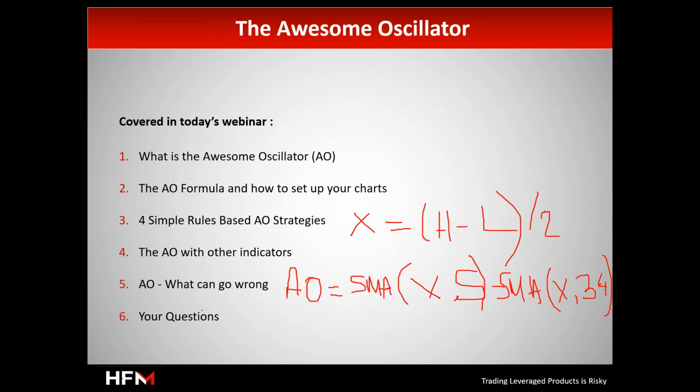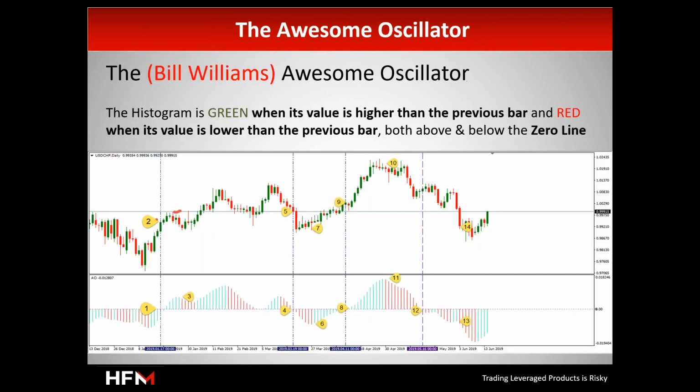You don't need to know that, okay? The Awesome Oscillator is calculated automatically, this is just to give you an idea. It presents the difference between the 34 simple moving average based on the median point and the 5 moving average of each candle's median point.